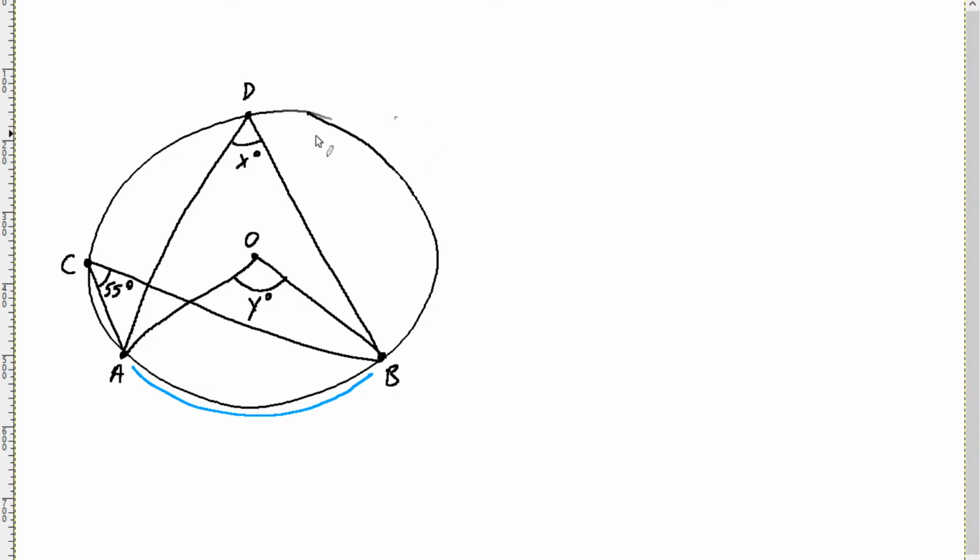And because we have the inscribed angles property, we know that X should be equal to the same angle as this one. So we can say X equals 55 degrees. And for Y, we're going to use the central angle and inscribed angle property.